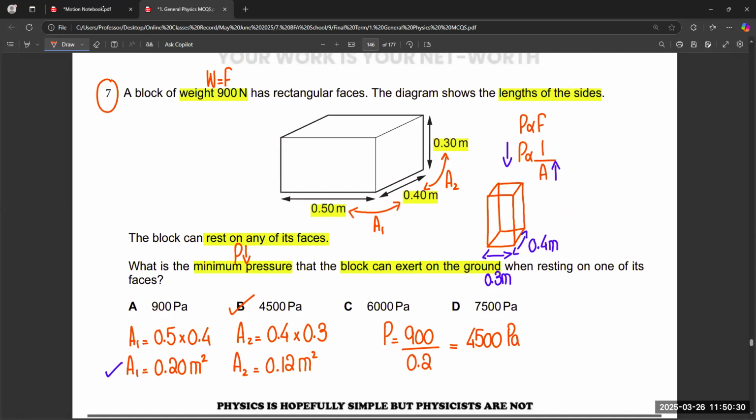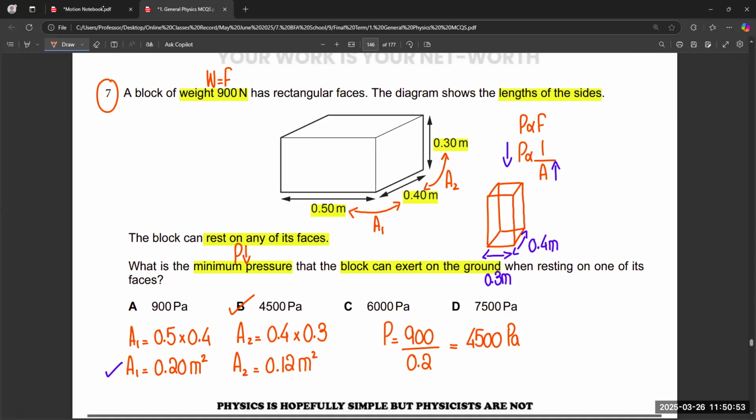So could you explain the part where you have written P is directly proportional to F and P is inversely proportional to 1 over A? Basically, in this question, they are asking about the minimum pressure. So minimum pressure means we have to consider the quantities given in the question, what is changing, what is constant.